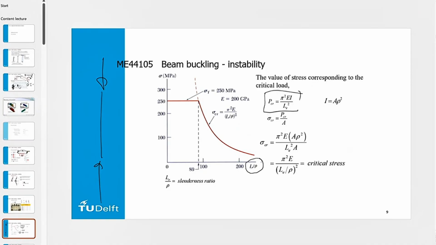If I take the average area of a shape, that is the average distance to the neutral line for the whole area.